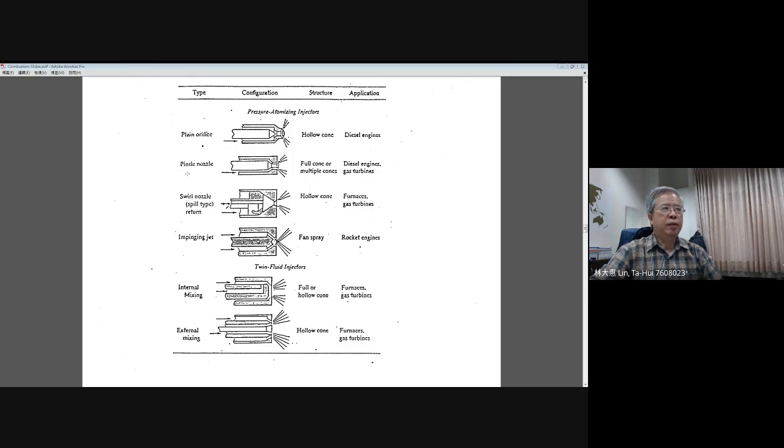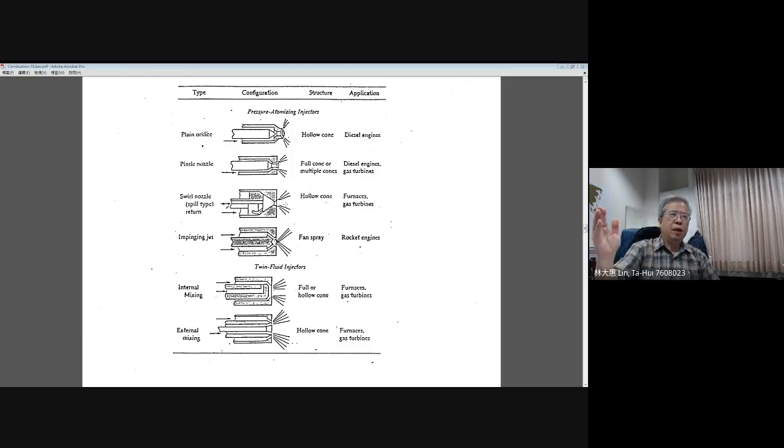And the second one, we call the pintle nozzle. With the pintle nozzle, you can control the plug inside of the injector to produce different kinds of hollow cone or multi-cones. You can see from the figures. In this case, if you move your pintle or the plug out of the tip surface of the injector, you will find all the liquid coming out from the surrounding of the pintle, then they will produce the hollow cone spray.